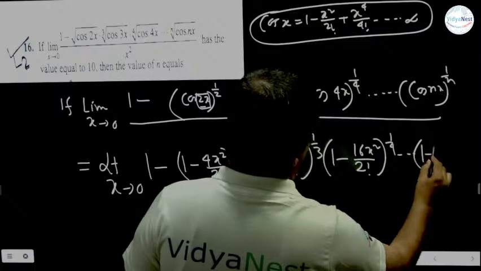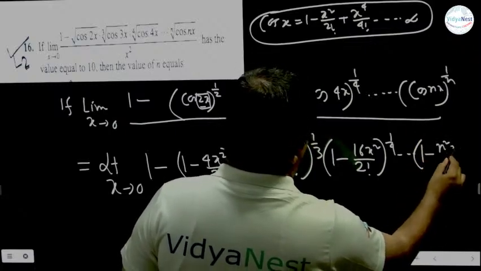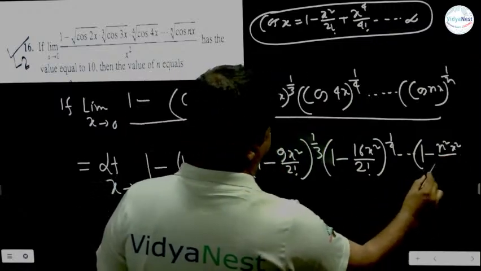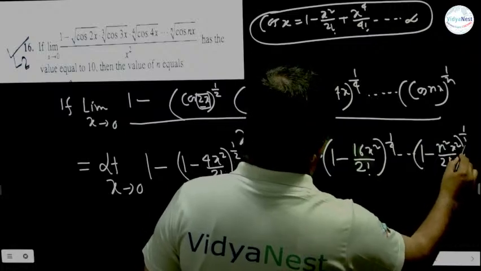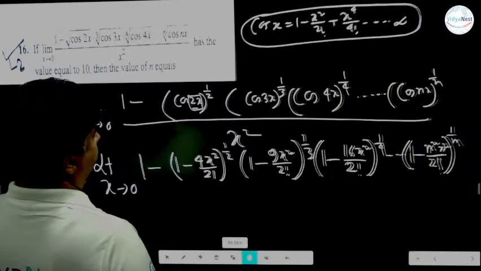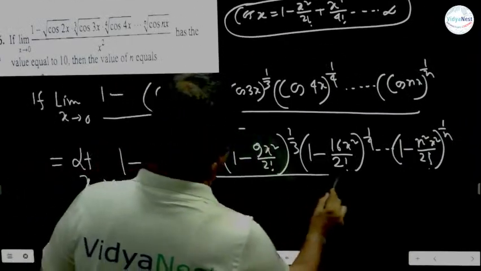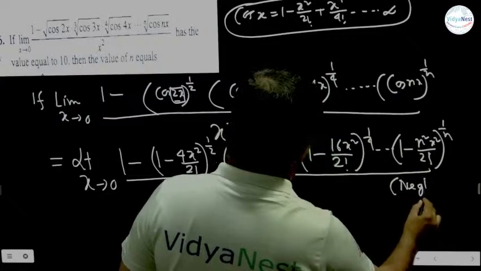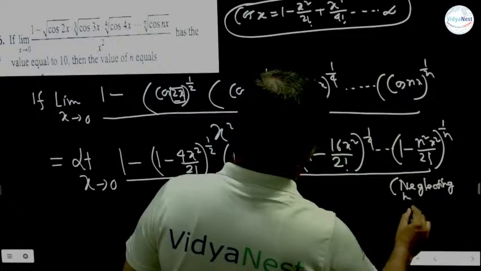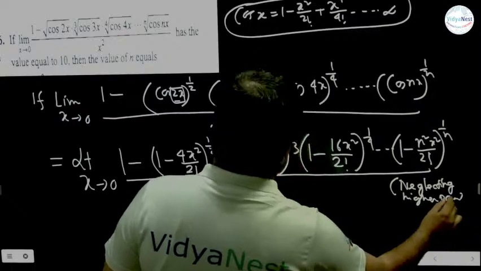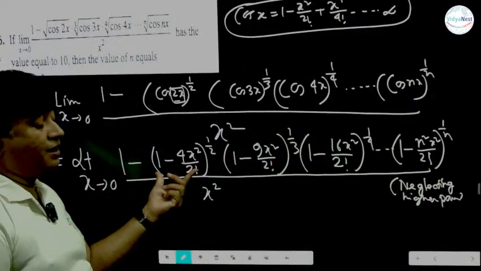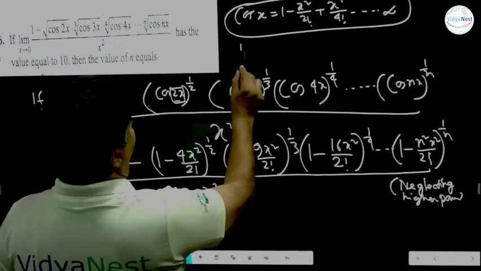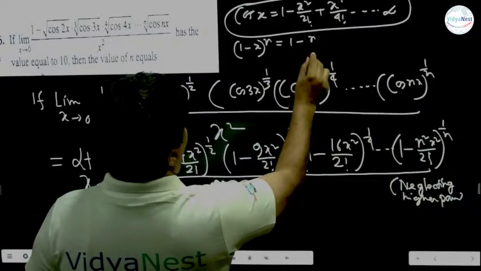And last, 1 minus n square x square by factorial 2 to the power 1 by n. As a side note, you write neglecting higher powers. Now, this expansion demands the expansion of 1 minus x whole to the power n, which we have just discussed.